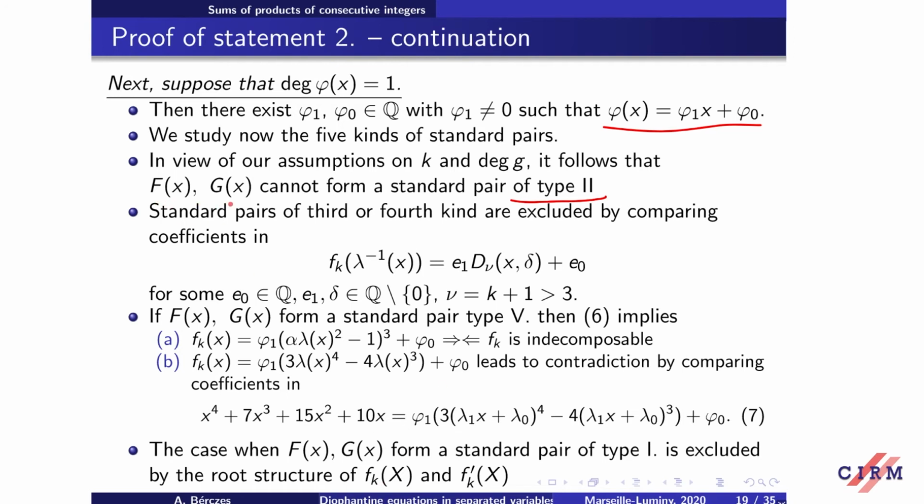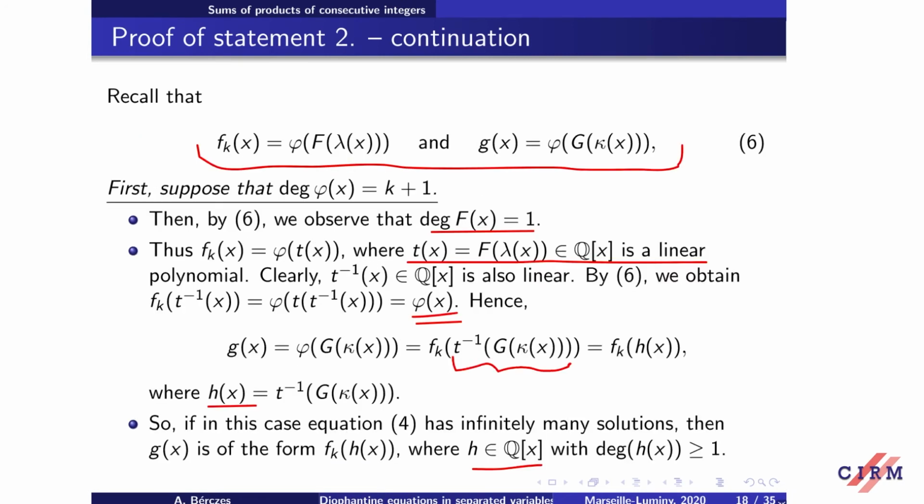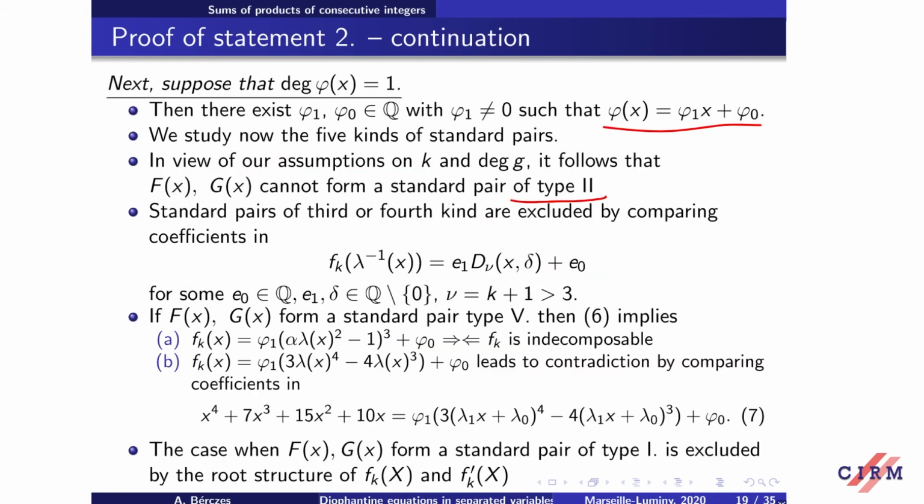But f(x) and g(x) cannot be of degree 2 in this case, because f(x) must be of degree k plus 1. Now φ is linear, λ is linear. So in order to get a polynomial of degree k plus 1, f must be of degree k plus 1. It cannot be a quadratic polynomial.